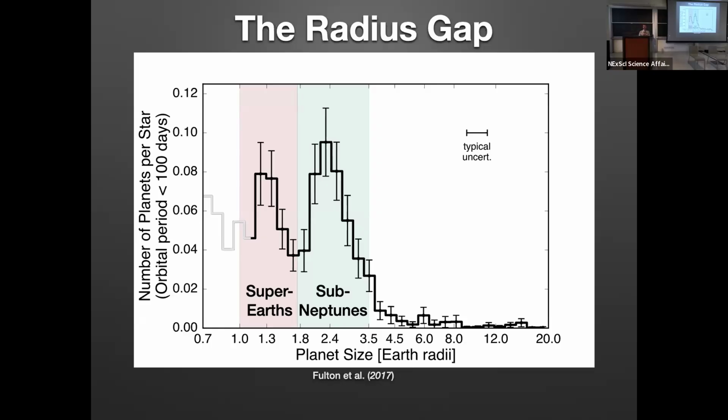And we see a significant dearth of planets between them. Just based on density arguments alone, we can pretty confidently say that planets smaller than this gap in the radius distribution tend to be dominated by rocky compositions, and planets larger than this gap definitely have to have some sort of volatile atmosphere on top of a core. So this radius gap does seem to separate two physically distinct populations.